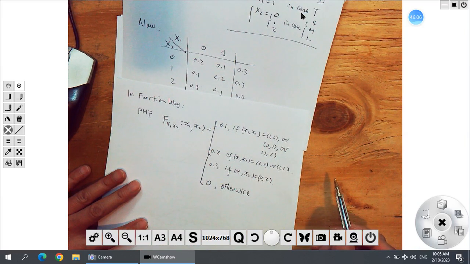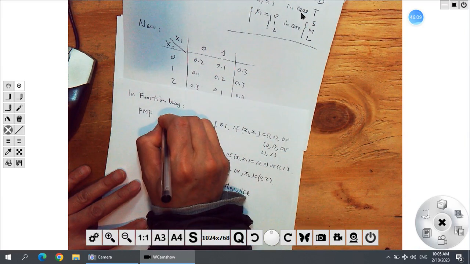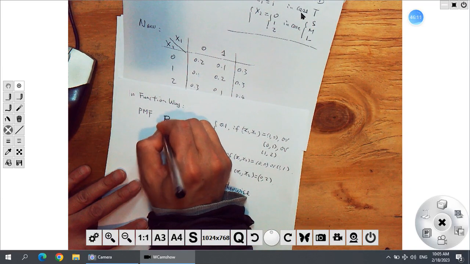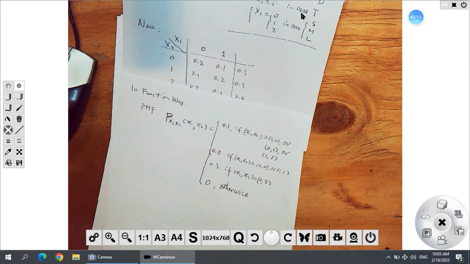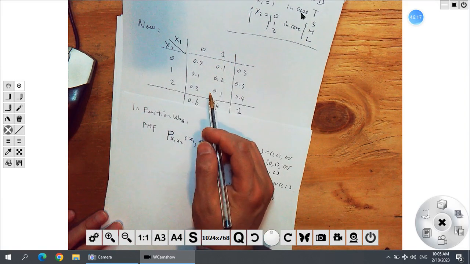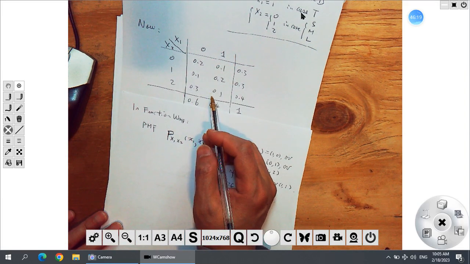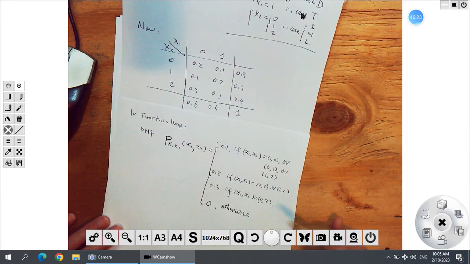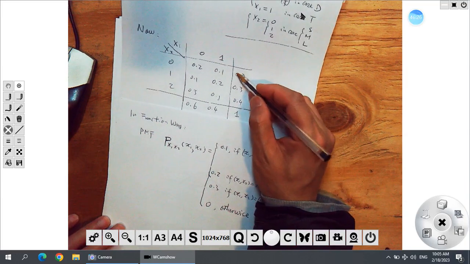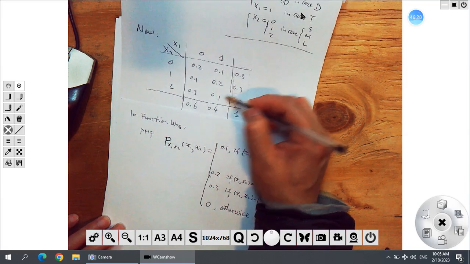So we have the PMF in function way, and it will look like this. You can think of this as the table way, and we can write it this way. And then how about this part? Remember what these are?